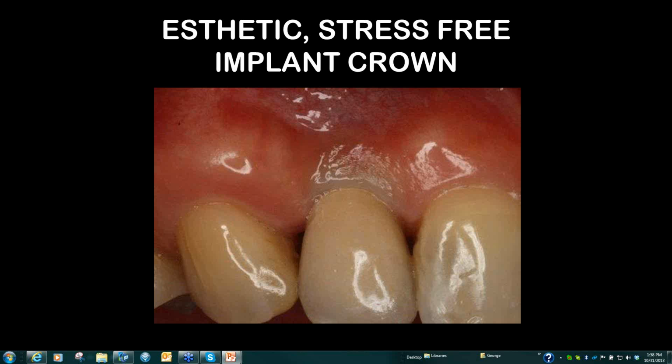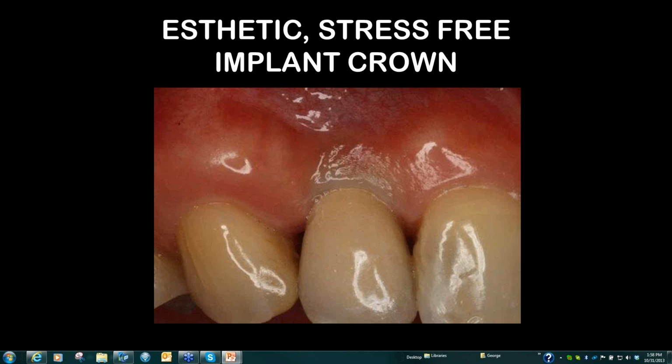So you make sure that in every single occlusal extension, whether it's anterior or lateral, they cannot touch that anterior tooth, because if they do, they will break it.